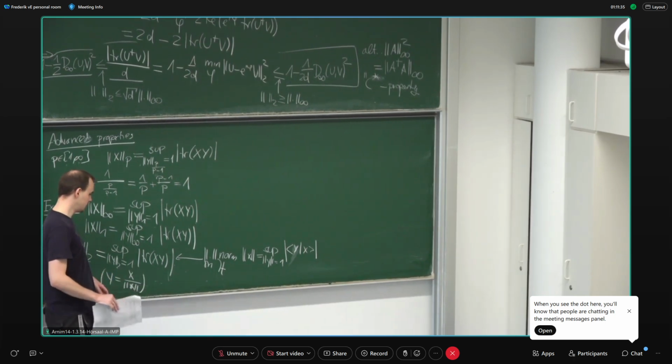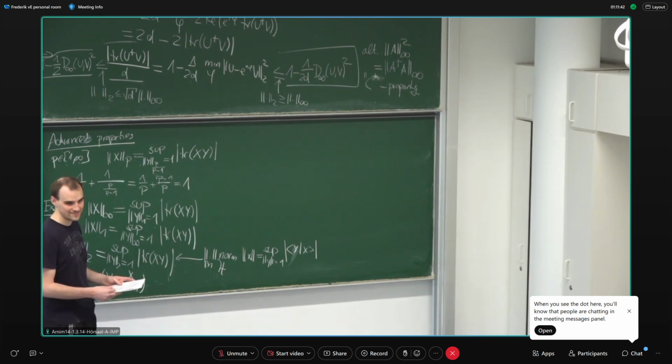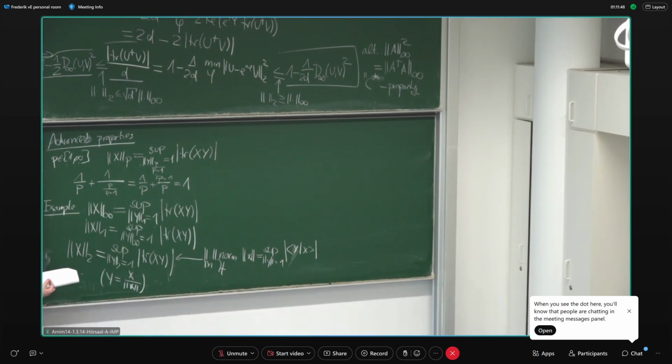Because you can always split Y. It could be a complex value. Oh, yes, complex. That's a fair point. You can restrict yourself always to the Hermitian subspace, and then this is real and it makes sense.